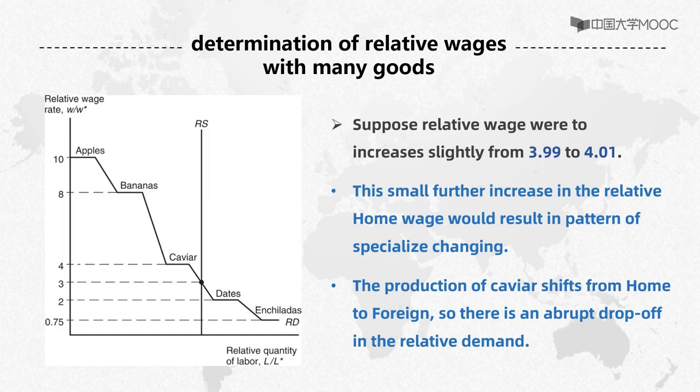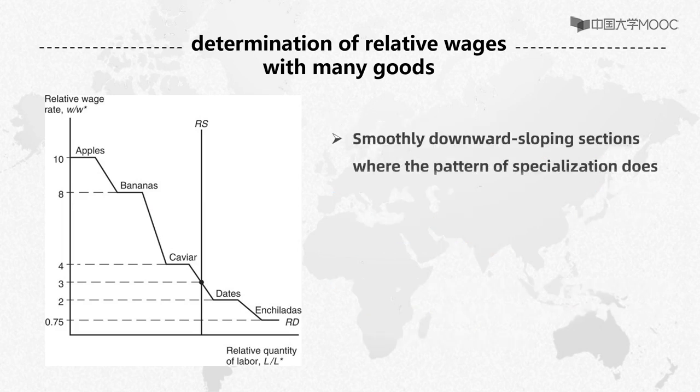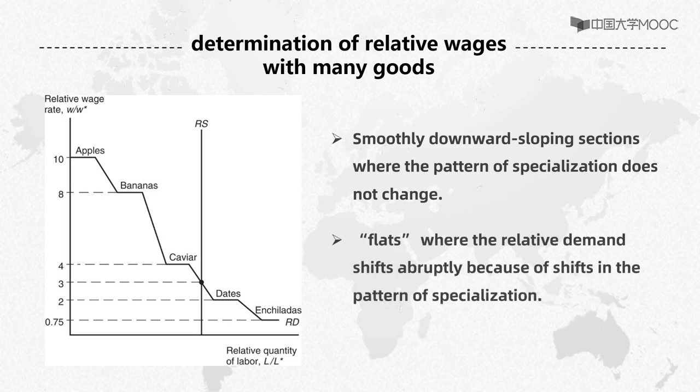So the curve oscillates between mostly downward sloping sections where the pattern of specialization does not change, and flats where the relative demand shifts abruptly because of a shift in the pattern of specialization. These flats correspond to relative wages that equal the ratio of home to foreign productivity for each of the 5 goods.